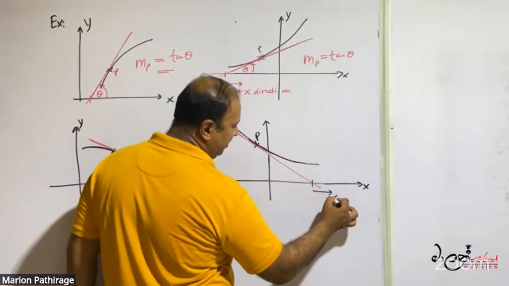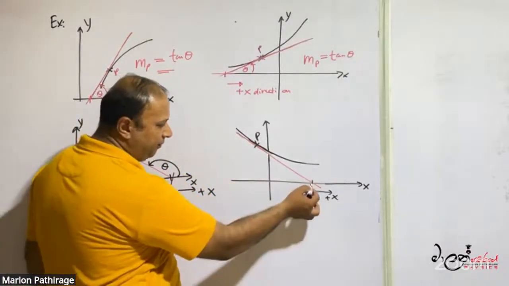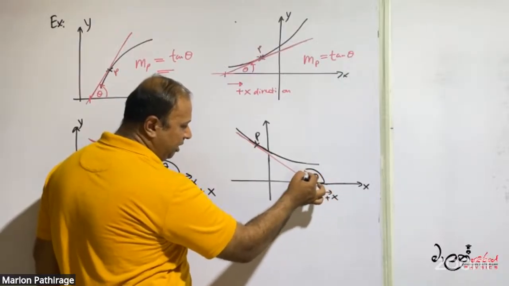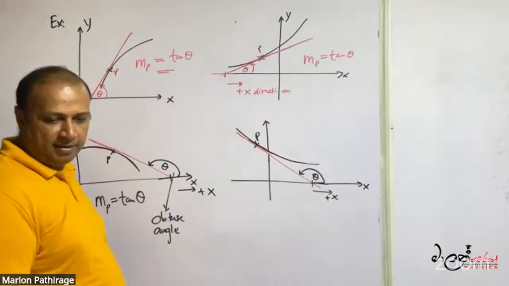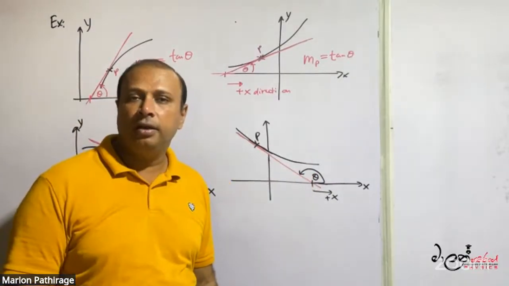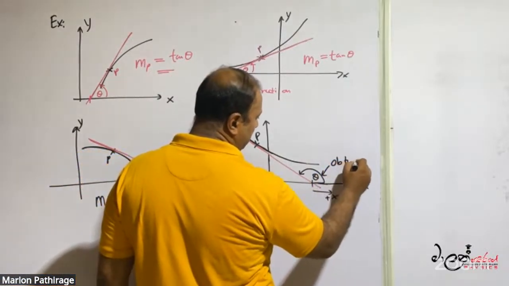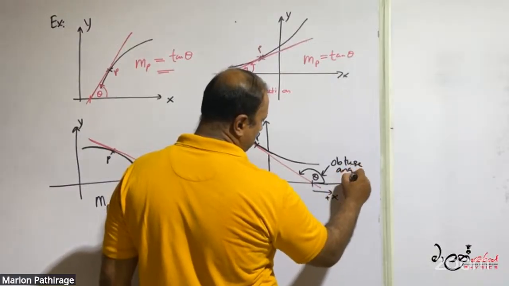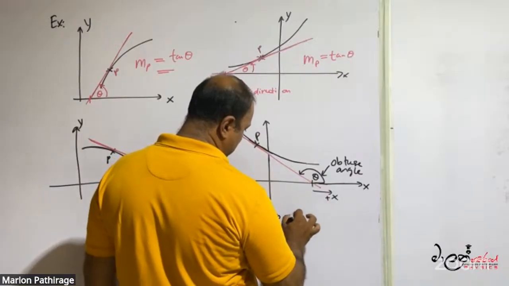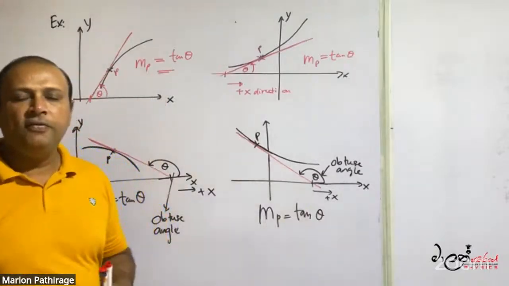Therefore, the right-hand direction is the positive x direction. Therefore, this is the angle between the positive x direction and the tangent. This is also an obtuse angle. Therefore, the gradient at P is equal to... If you got that, please raise the hand.